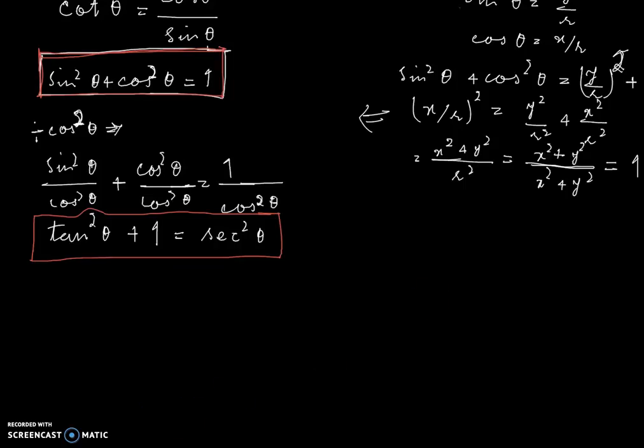So here we are with the rest of our basically trigonometric identities. The last thing that we did was that tan squared theta plus 1 is equal to secant squared theta.